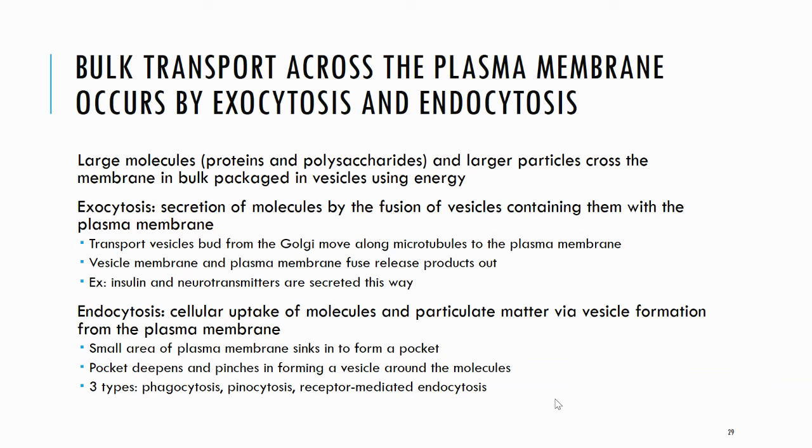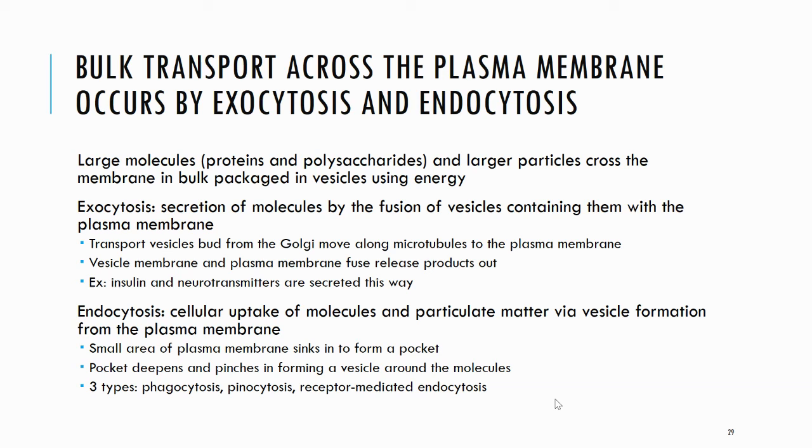Last, we are going to look at bulk transport, which will be endocytosis and exocytosis. So large molecules like proteins and polysaccharides and other larger particles cross the membrane in bulk packaged in vesicles using energy. So during exocytosis, we have the secretion of molecules by the fusion of vesicles containing them with the plasma membrane.